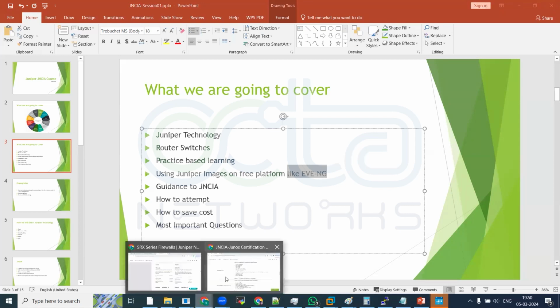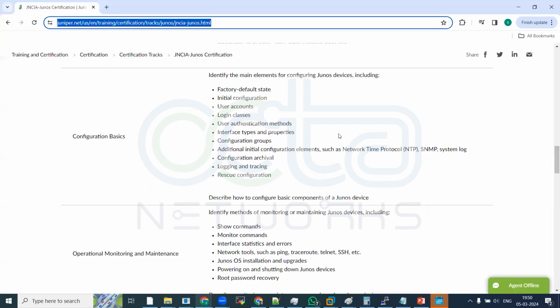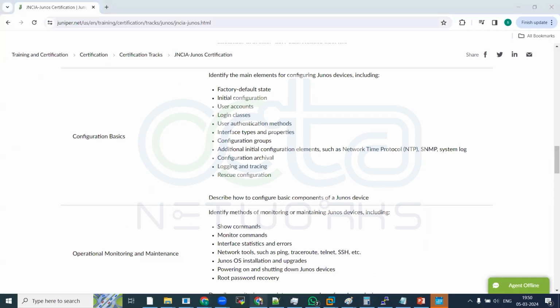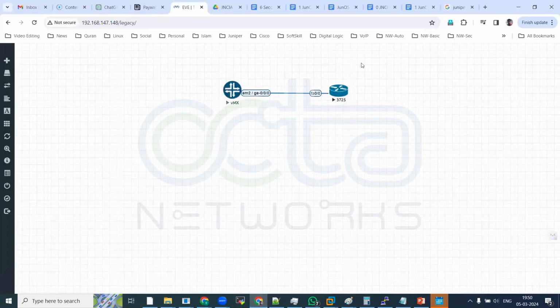So this is web-based. Means, let me show you. This looks like this. Has any one of you used EVNG in the past? I hope most of you have used it, because this is very common nowadays. But even if you have not used it, I'll give you a short introduction.